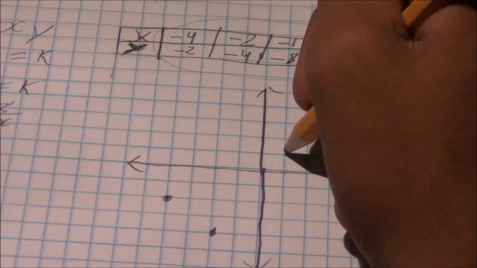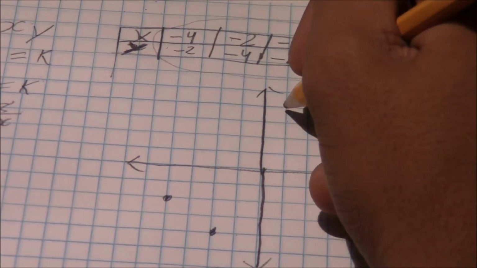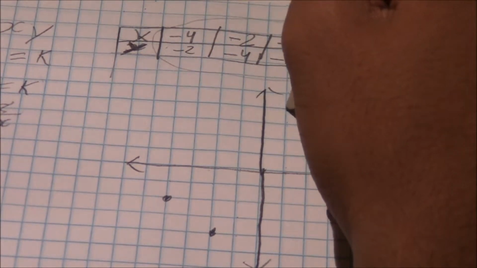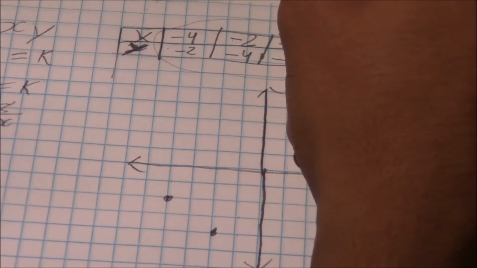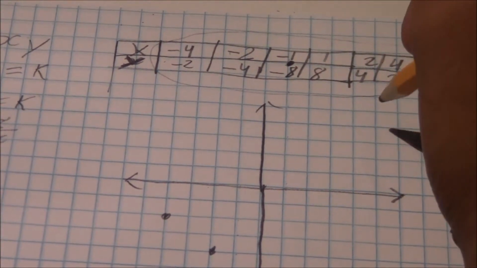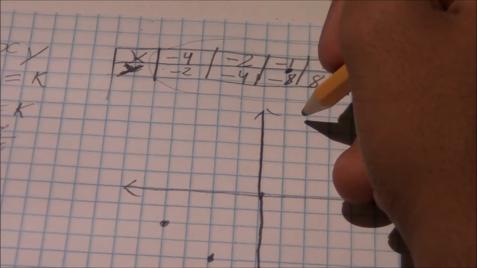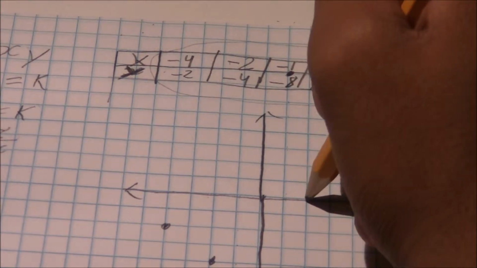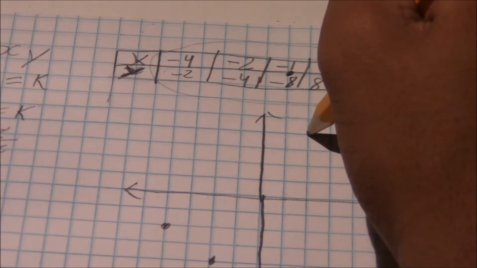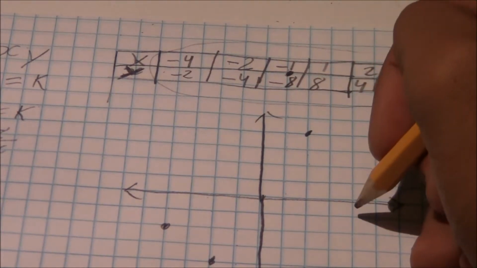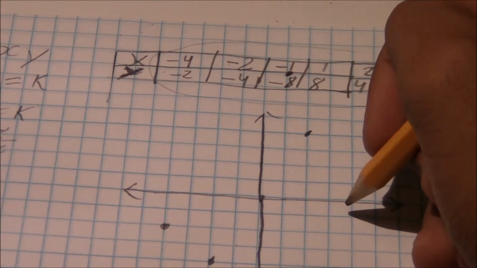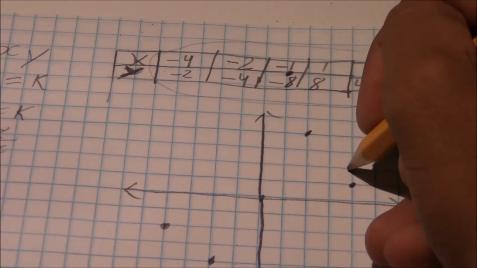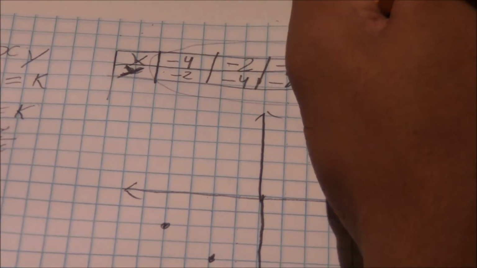So 1, then 8. In that case, it'd be all the way up here. And then 2 and 4. And then 4 and 2.